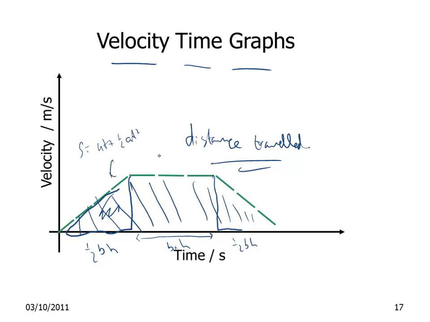You'd have to use it for this section here to get the displacement in that section, and because this is constant velocity, those four equations don't work, so you'd have to use distance equals speed multiplied by time for that section. So if you do it mathematically, it takes a lot longer. If you understand velocity time graphs and that the area under the velocity time graph is equal to the displacement covered, it's a lot quicker than using these formulas here.